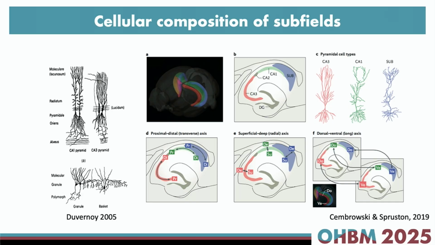Similarly, I already told you that along that dorsal to ventral axis, or anterior to posterior if we're looking at a human, we see very different functional activations, for example, using fMRI. Also, the size of, for example, place cells differs as you move from anterior to posterior hippocampus. So we do think that there are major functional differences and structural differences as you move from dorsal to ventral.